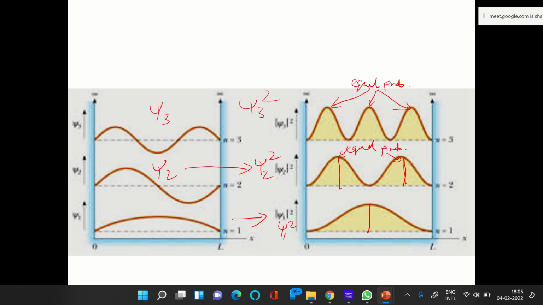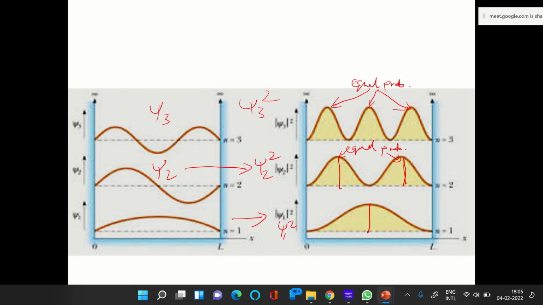And this is what I am telling you, that if you go on increasing the quantum number n, the points of equal probability become more in number, and they are closer to each other. So finally a situation may come that you will have almost all the points at say n is equal to 20, n is equal to 25. You will have such a large number of points where there will be equal probabilities, and the distribution will look like a uniform distribution.